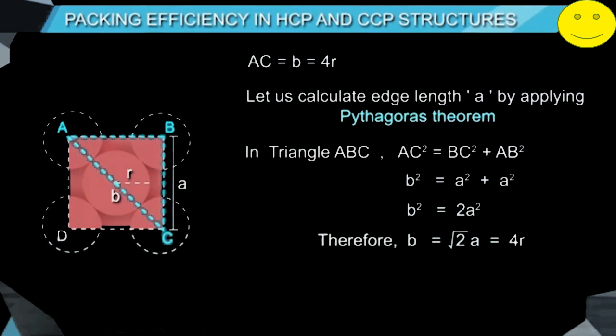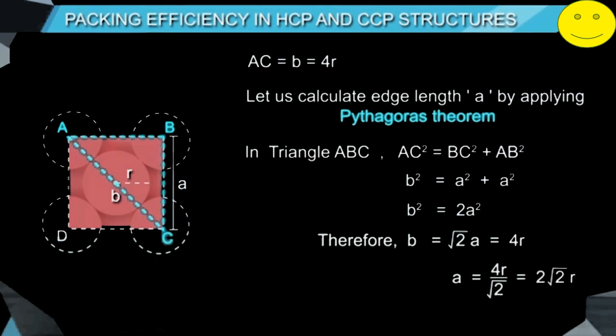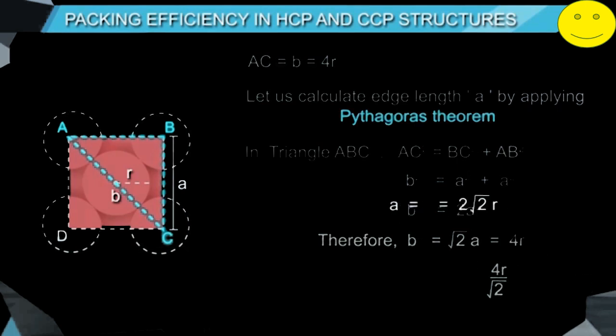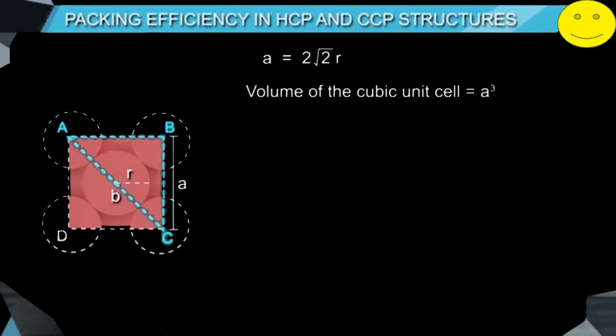Let the edge length of a unit cell be A. The radius of each sphere is R. The face diagonal is B. AC equal to B equal to 4R. We can understand this by looking here.